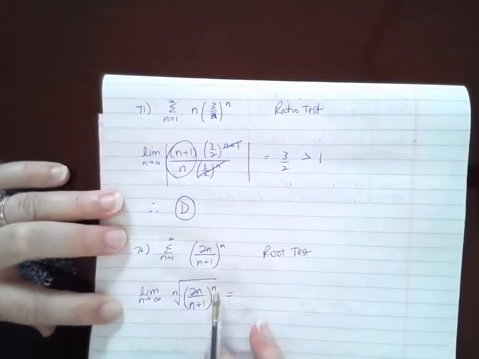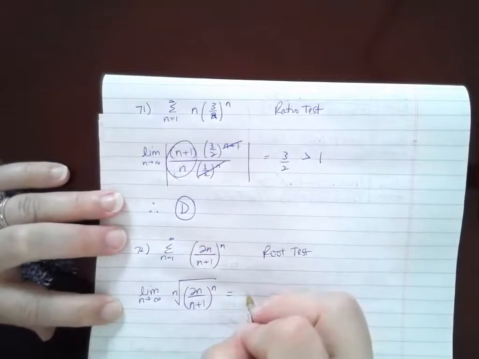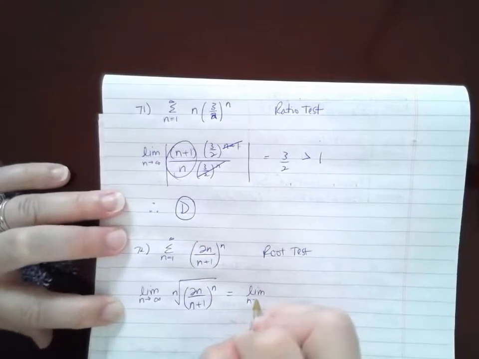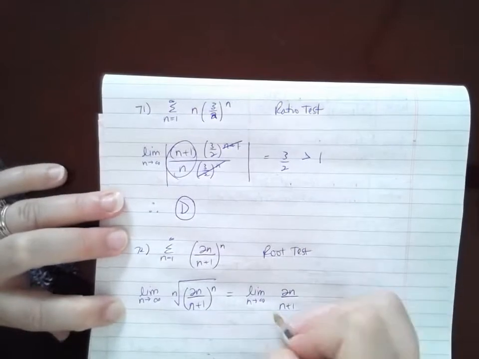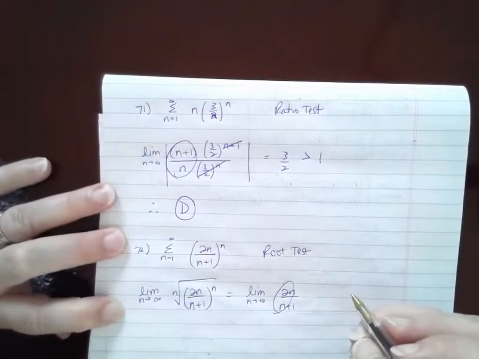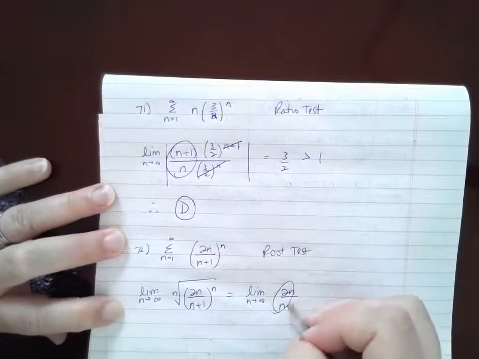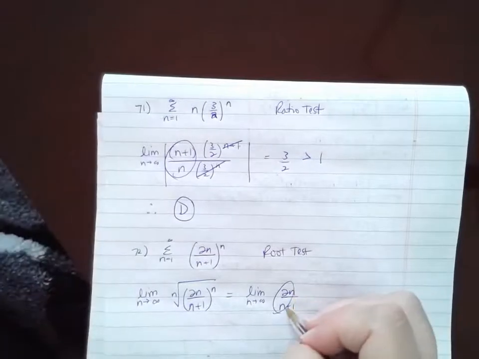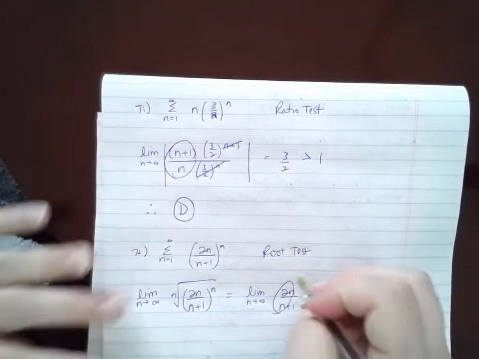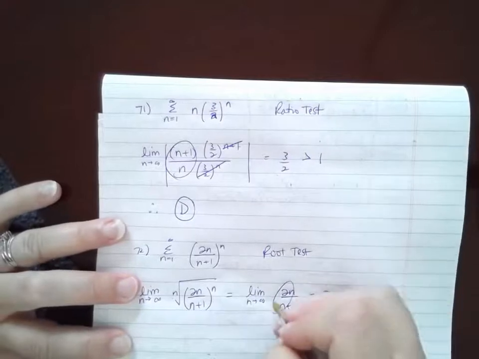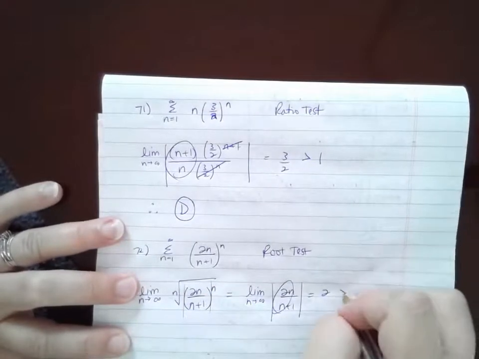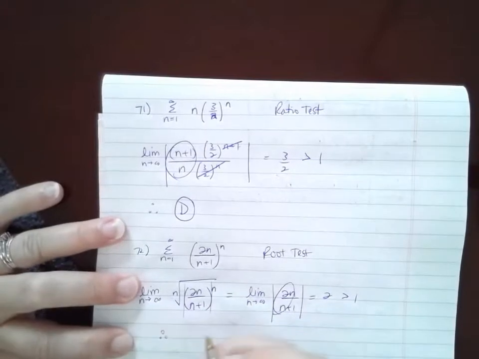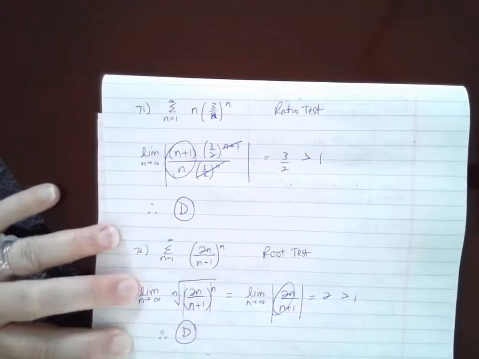The nth root of something to the nth power is just what's inside. And the ratio of the coefficients here, because we have n values raised to the same power, the limit is going to be 2. 2 is greater than 1, and just like in the ratio test, that means that it is divergent.